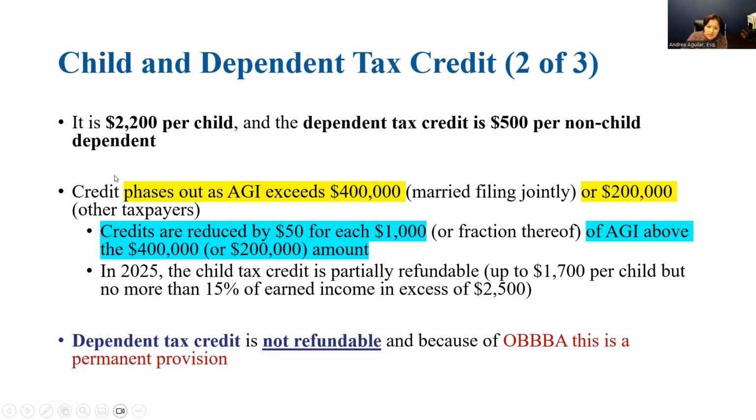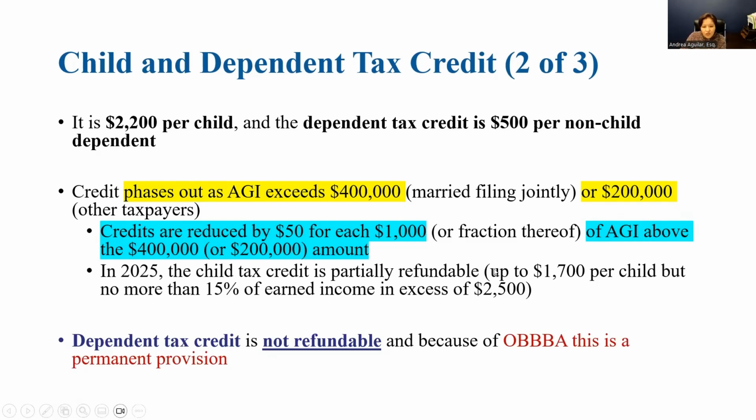Another important thing that you need to remember is that the credit phases out as your adjusted gross income exceeds $400,000 if you're married filing jointly or $200,000 for other taxpayers. Also, this tax credit has a refundable part up to $1,700 per child, but no more than 15% of earned income in excess of $2,500.